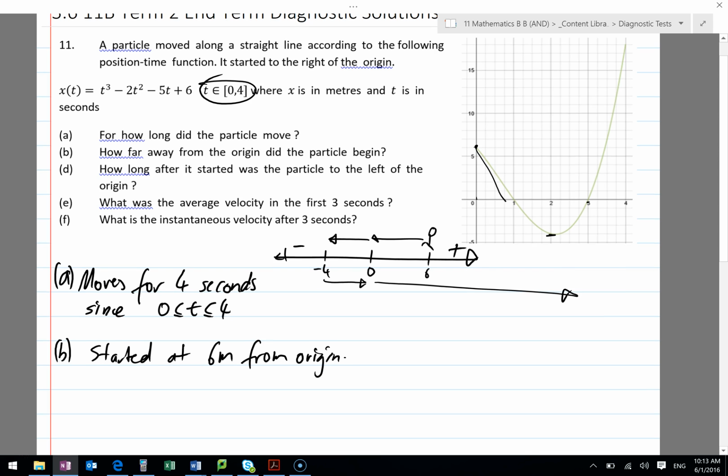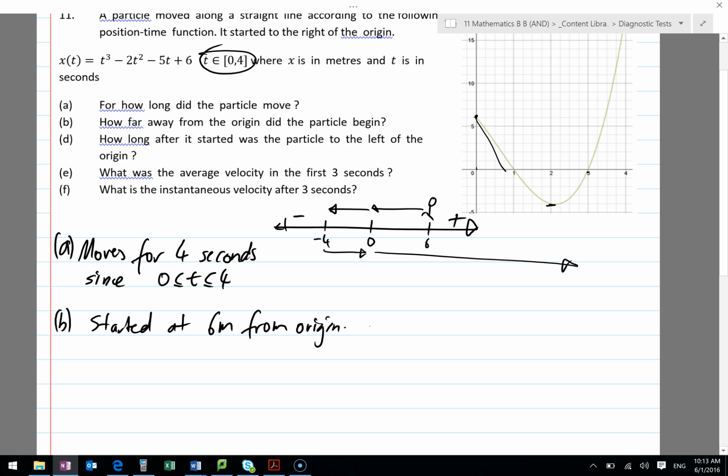If we wanted to use the formula to find this, I'd find what x of 0 is, substituting t equals 0 into this formula at the top. And I get 6 there. So sub in t equals 0 into this formula.